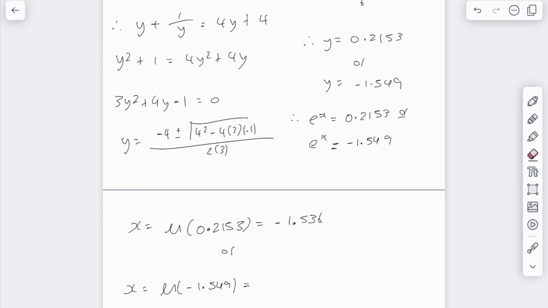But we can't have that, because we can't have a negative value for e to the x. Therefore this is going to be the only answer, negative 1.536.